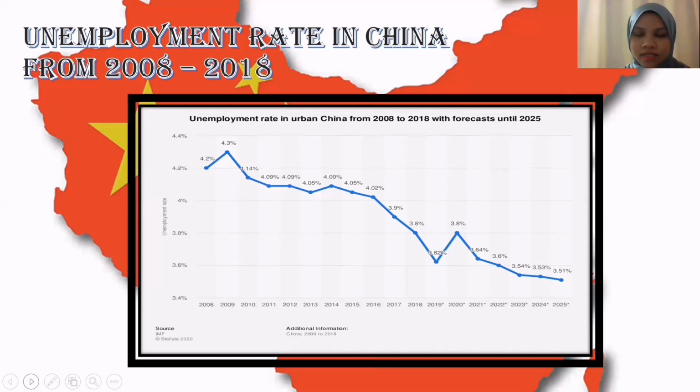From here we can see the highest unemployment rate is in 2009, which is 4.3%, and the lowest is in 2018 with 3.8%. So let's see why in 2009 the unemployment rate is the highest in China.